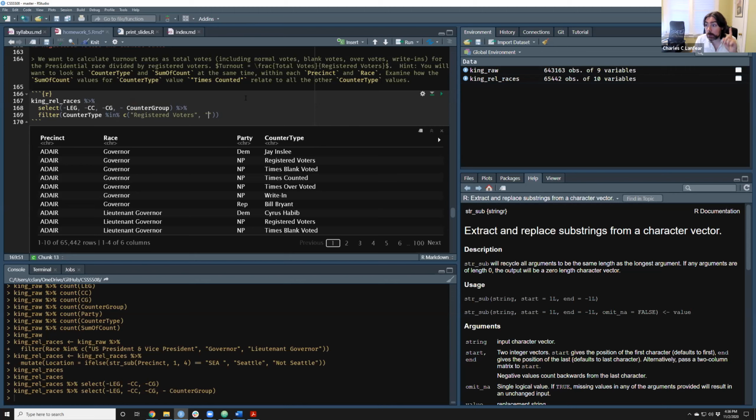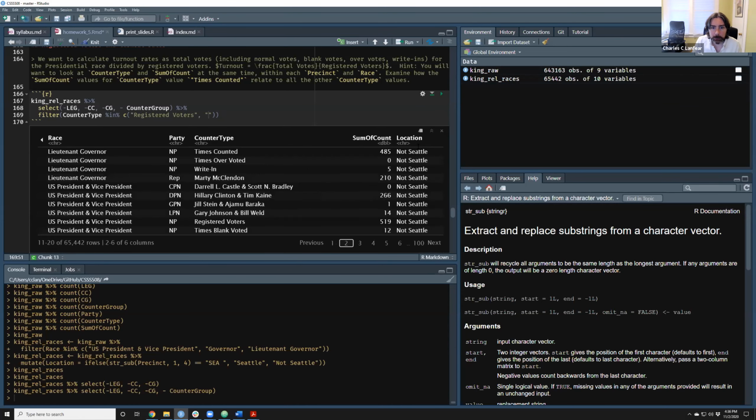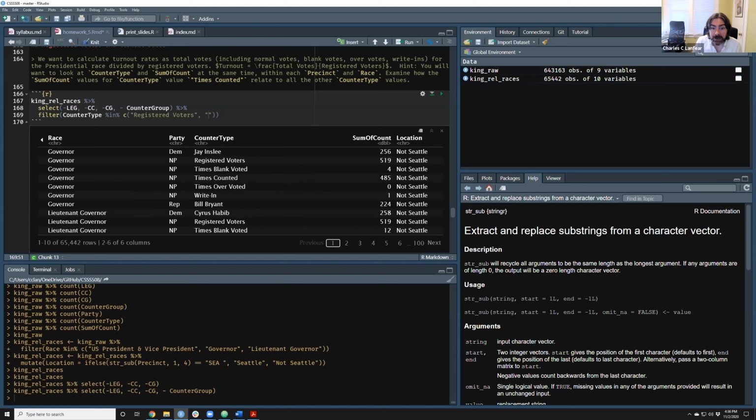But if we remember, when we inspected the sum of count, we discovered that times counted is equal to the number of all votes cast in a particular election. For instance, in the race for governor, the times counted, 485, is equal to the 256 Jay Inslee votes plus the 224 Bill Bryant votes plus 1 write-in and 4 blank votes.